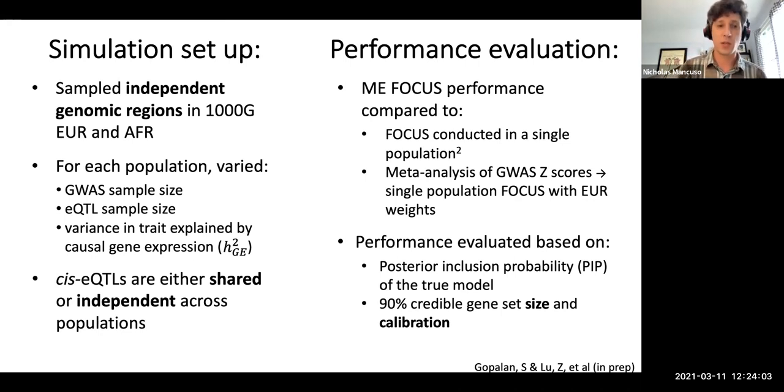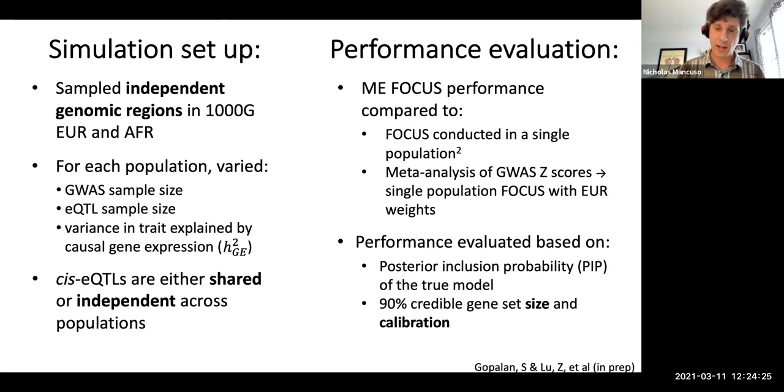And we varied a bunch of things. We varied whether eQTLs could be shared or independent across populations. And we compared our performance of ME focus to single population focus, just running on one population at a time, as well as a meta-analysis of the GWAS Z-scores, and then just using European eQTLs.